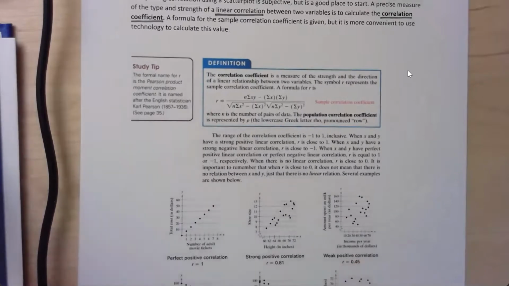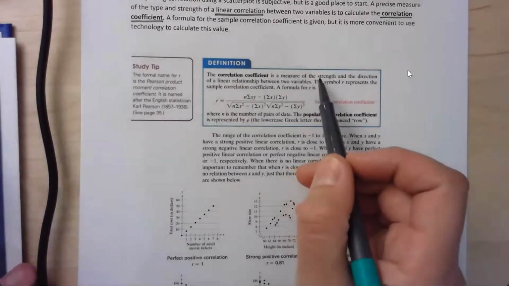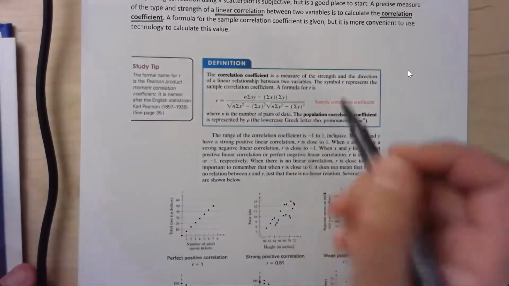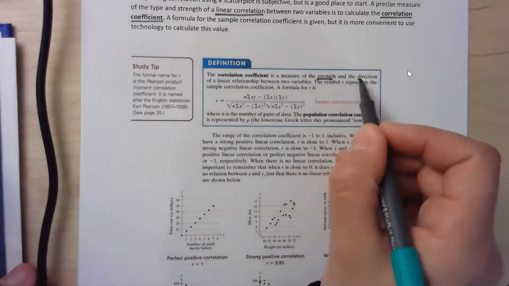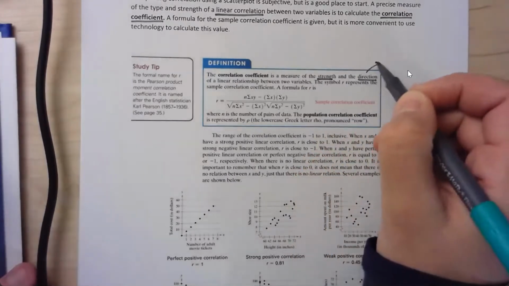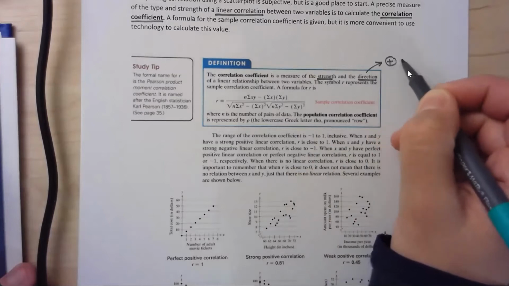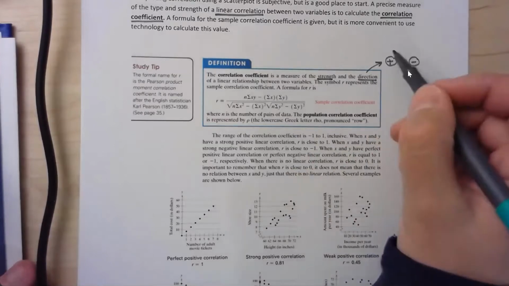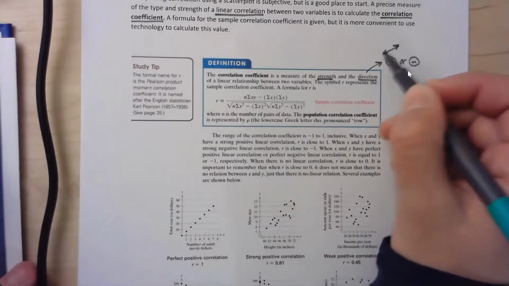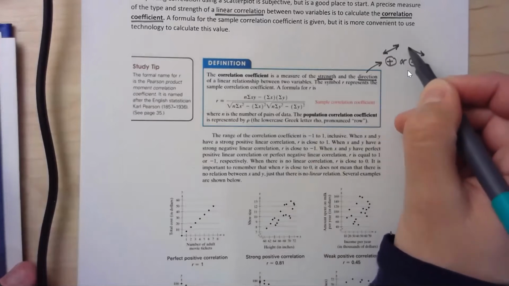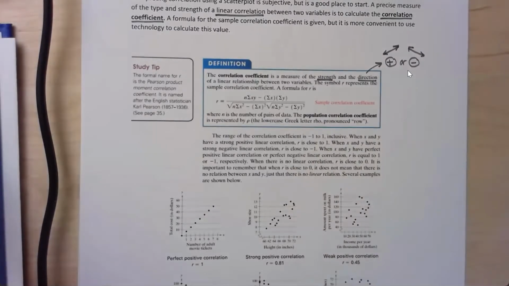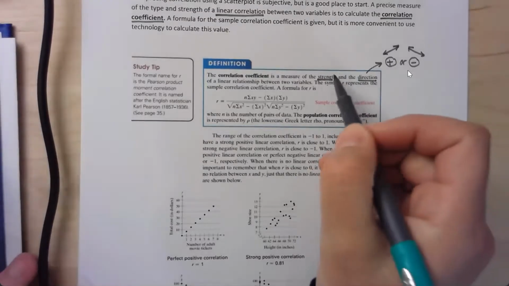So the correlation coefficient is a measure of the strength and direction of a linear relationship between two variables. Now, the reason why it's the direction is because you will see either a positive or a negative number. Positive numbers relate to a regular increasing line. Negative numbers relate to a decreasing line, just like you would have for slope. And you also have strength here.